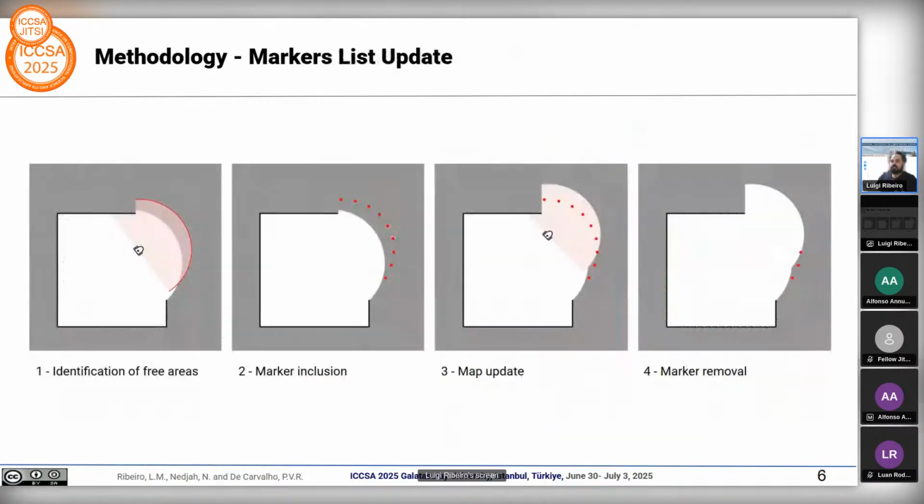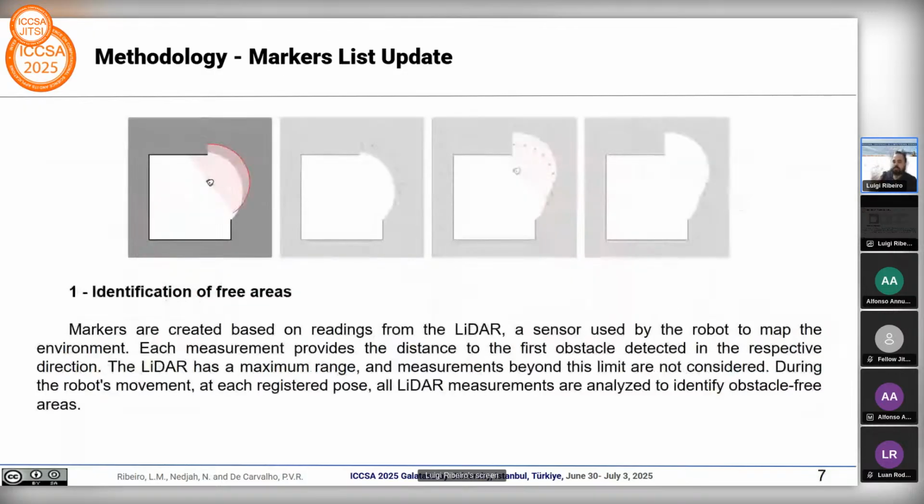The center of our method is the mark list update, divided into four steps. Step 1, identification of free areas. Step 2, mark inclusion. Step 3, map update. Step 4, mark removal. In step 1, identification of free areas, marks are created based on readings from the LiDAR, a sensor used by the robot to map the environment.